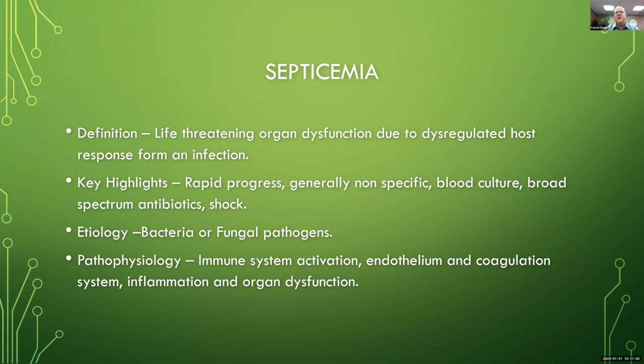And that infection is now infiltrating and causing the cardiac tissue to become diseased. And so its strength of contractility goes down. But then also the infection is causing fluid to build around the heart and the pericardial sac, and it's causing mechanical obstruction now, and it's causing organ dysfunction. And that's really what septicemia is.